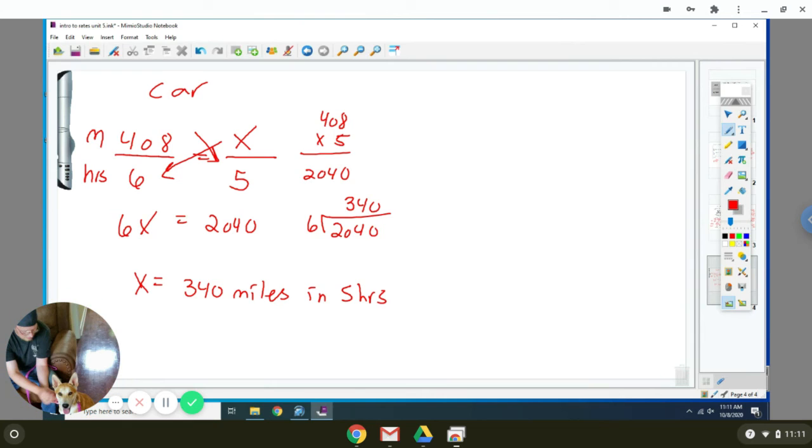So now what we need to do is figure out how much the dump truck goes. I'm going to put a DT for dump truck. So the rate for the dump truck was 236 miles for every 4 hours. So I want to increase this to 5 hours. So we're going to cross multiply. X times 4 is just 4x.